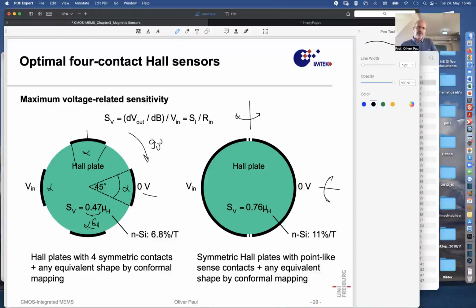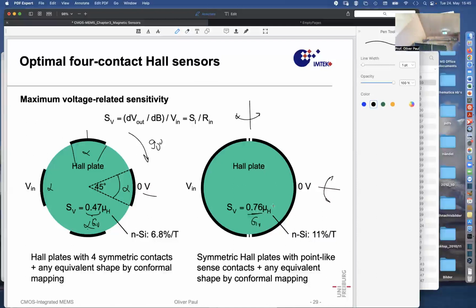So with less symmetry, you have the option to make these lateral contacts both of the same size, but different from the sense contacts, and then a device with large lateral contacts and small contacts for sensing is the best. And it's better than the symmetric device. It has this number, G_V, of 0.76. But you can't get any better than that.